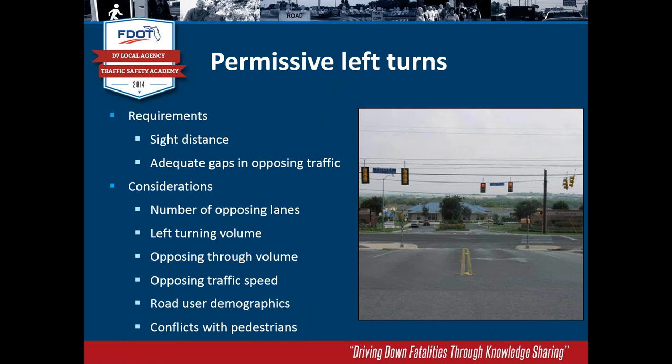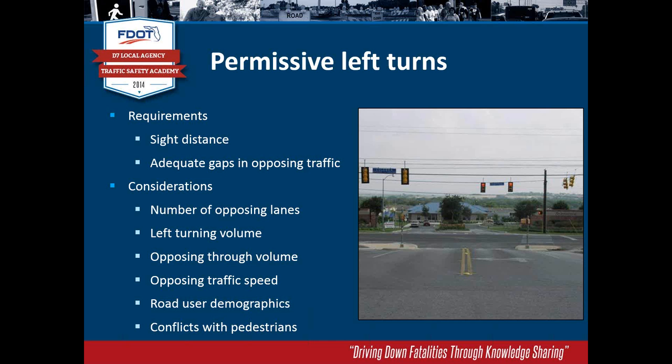Some districts will not do permitted left turns across more than 2 lanes of opposing traffic. So if you have a 6-lane section, every signal would be protected only. They wouldn't put in protected permissive. In District 7, we've got several locations where you've got 3 or more lanes of opposing traffic. But like I said, other districts, anything over 2, and it's going to be protected only.